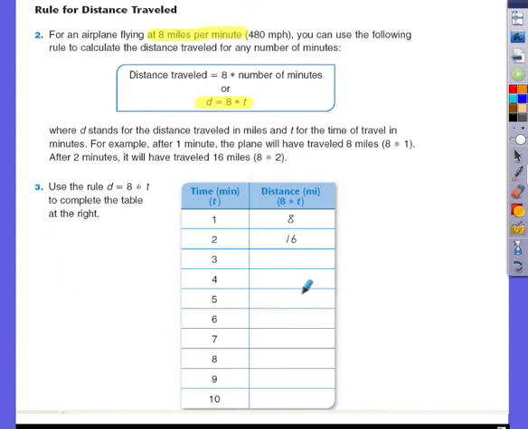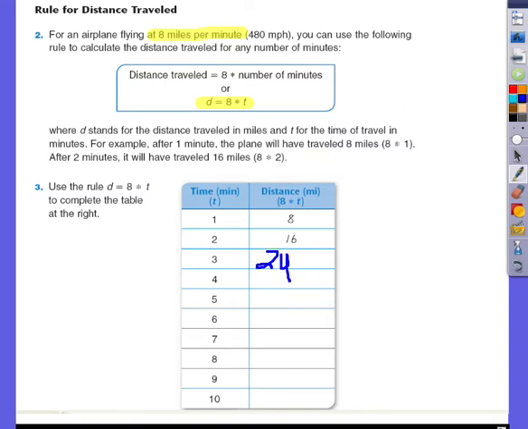So if we're going to input that into here, we have our time, which is t. We know we're multiplying it by 8. So 8 times 1 is 8. 8 times our t of 2 is 16. 8 times our time of 3 would give us an answer of 24, and so forth.